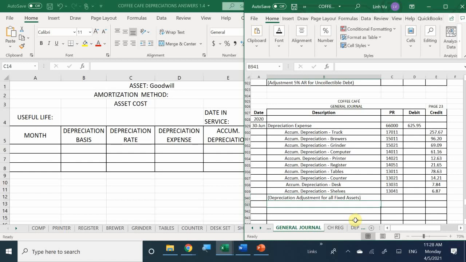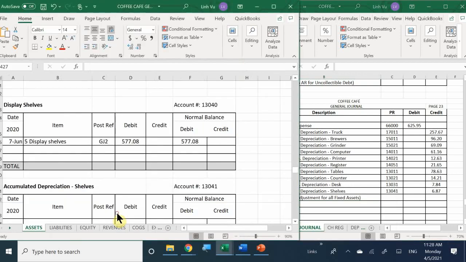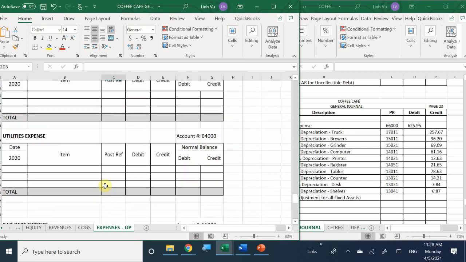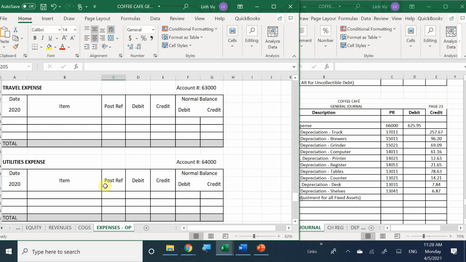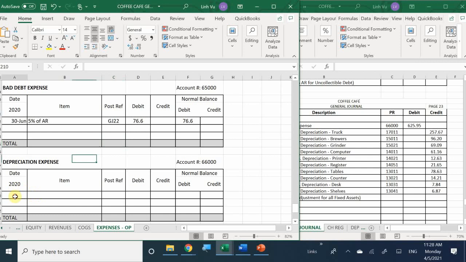Okay. And of course, the last thing that we have to do is plug all of these numbers into every single account on our ledger. So I'm going to jump straight to the depreciation expense account first, so then we can tally everything up afterwards. So first things first, here we are, depreciation expense.